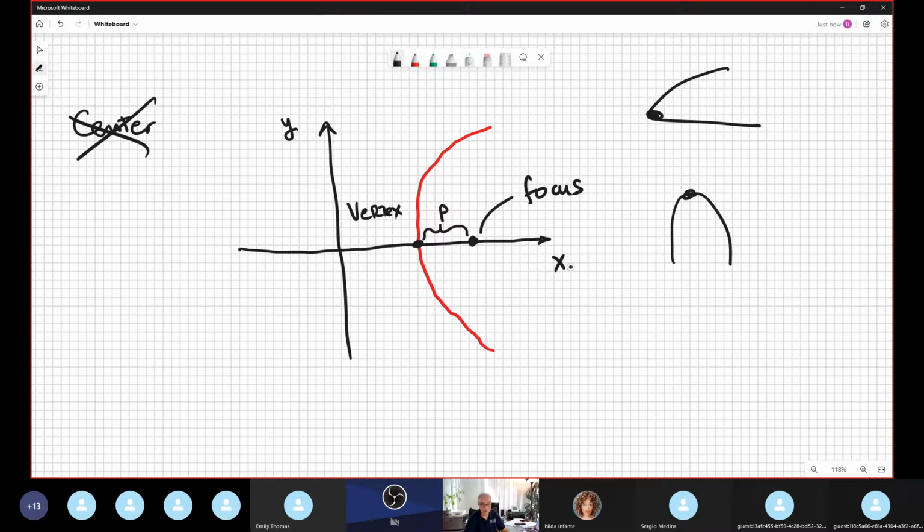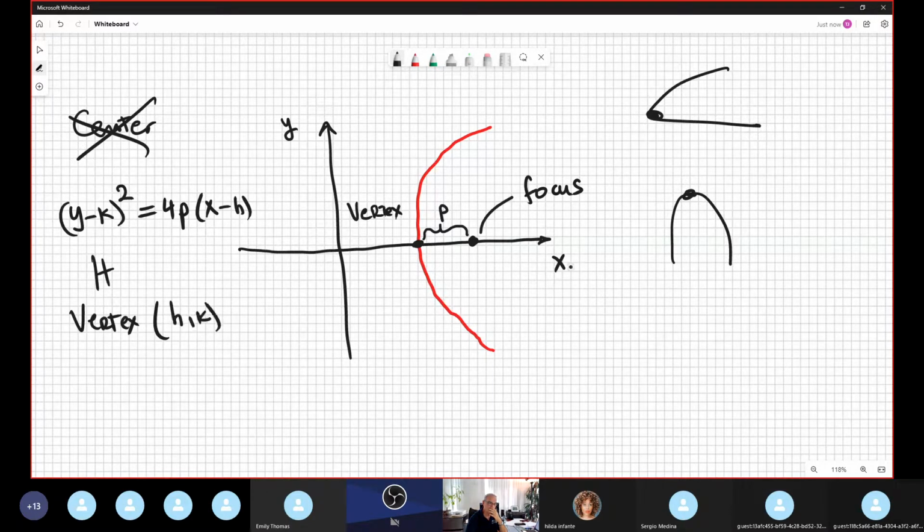Suppose, hypothetically, the equation for this parabola is (y - k)^2 = 4p(x - h). Then identification: it is horizontal because the square is on y. And the vertex is located at the point (h, k). This is the famous point h comma k.